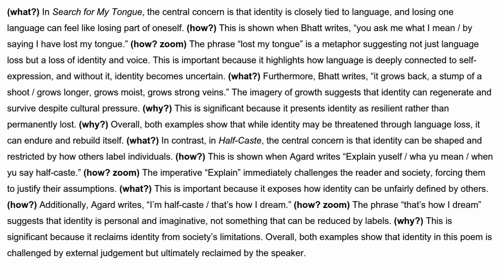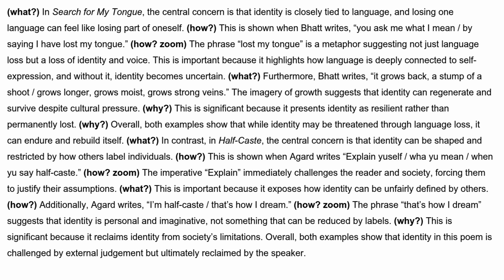That's important. Why is it important? Well, it highlights how language is deeply connected to self-expression, and without that, identity is uncertain. So what else? What other claims? Furthermore, Bart writes, "It grows back a stump of a shoot, grows longer, grows moist, grows more veins, grows strong veins." The imagery of growth suggests that identity can regenerate and survive despite cultural pressure. So why? Why is that important?